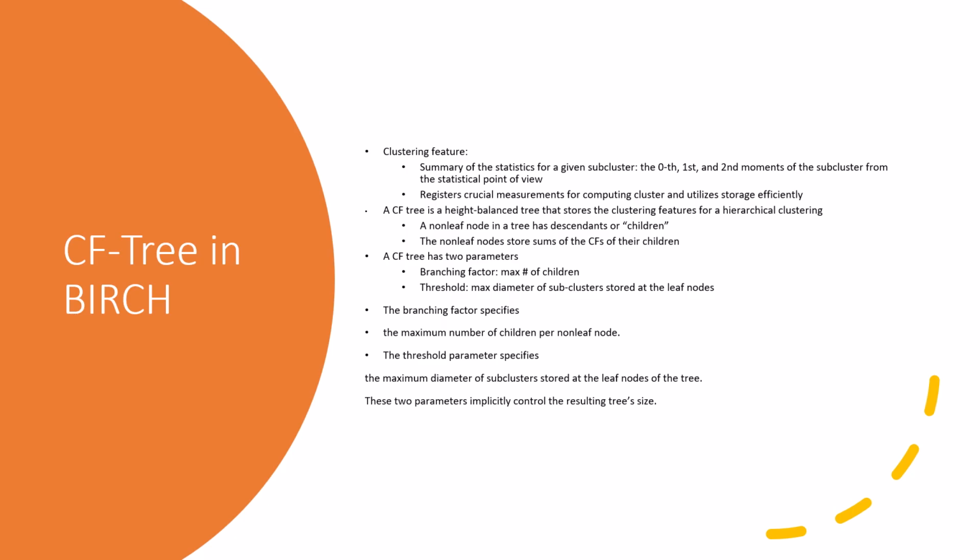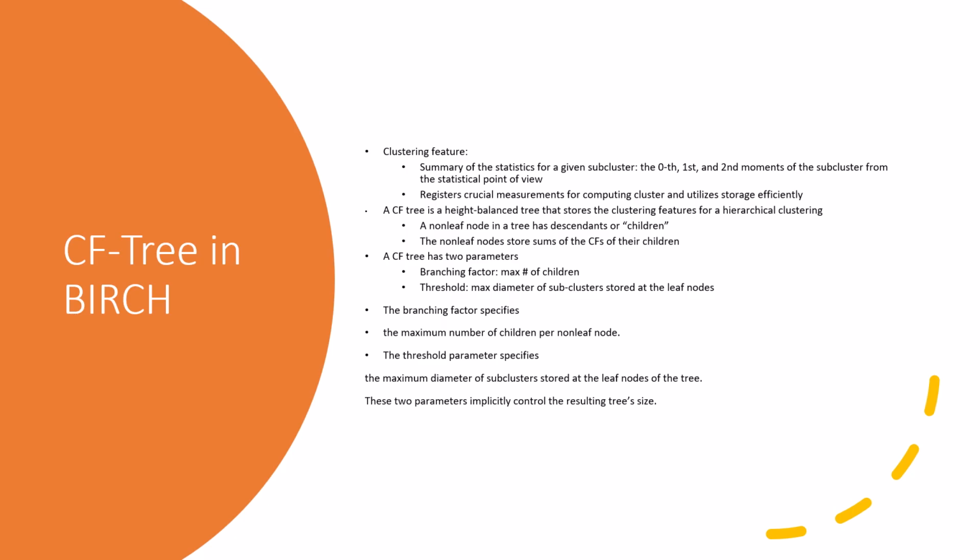Given a limited amount of main memory, an important consideration in BIRCH is to minimize the time required for input and output. BIRCH applies a multi-phase clustering technique. A single scan of the data set yields a good clustering, and one or more additional scans can optionally be used to further improve the quality.